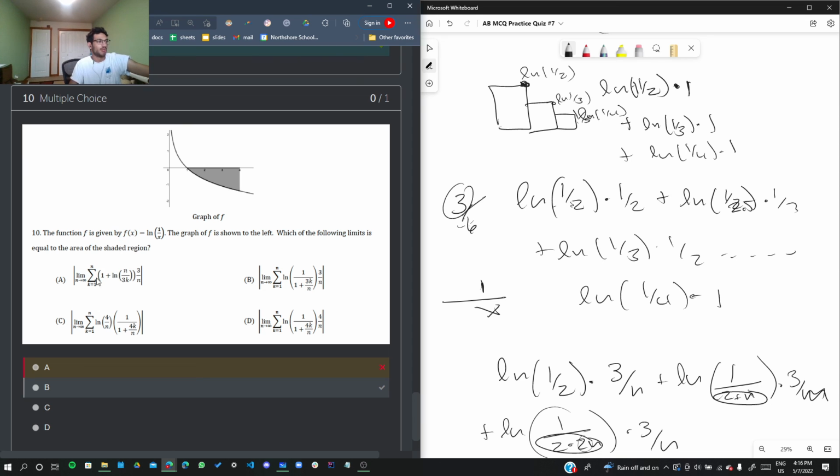Here we don't have the same form of f of x, but this is the form of f of x, and we want to model f of x as close as possible when doing these sums, so therefore the answer is B. I just chose the answer too fast, not really considering this is the actual natural log that we're doing, not 1 plus a natural log.